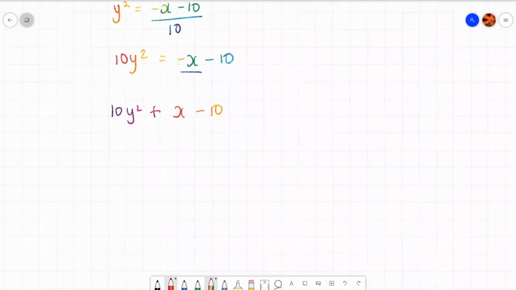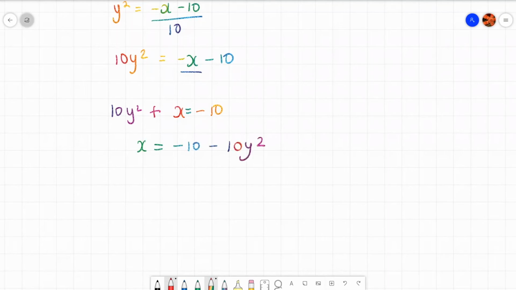Sorry, that should be an equals there, shouldn't it? So now I'm going to get rid of the 10y squared. So x equals minus 10 minus 10y squared.